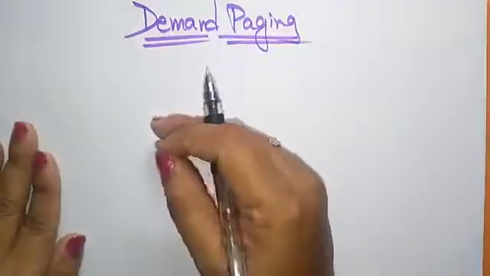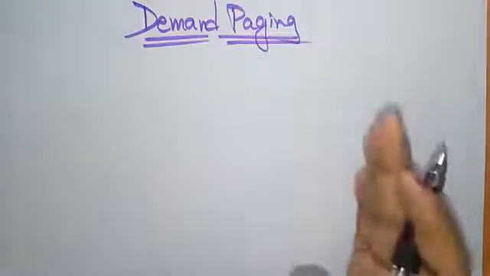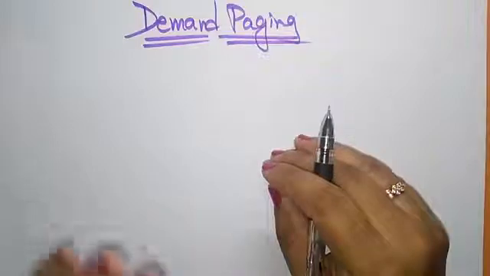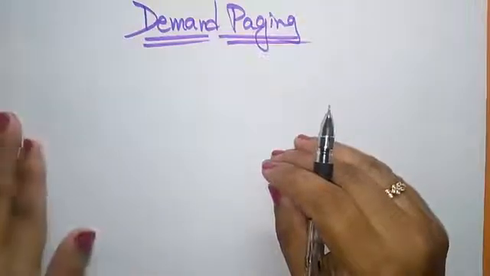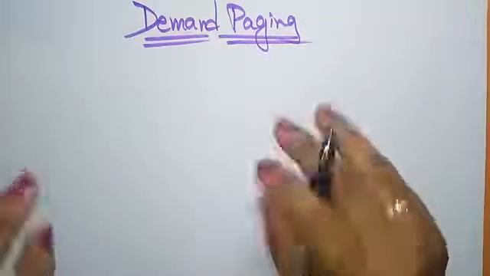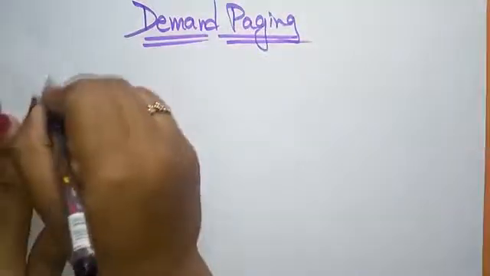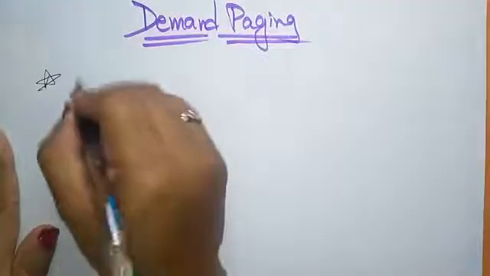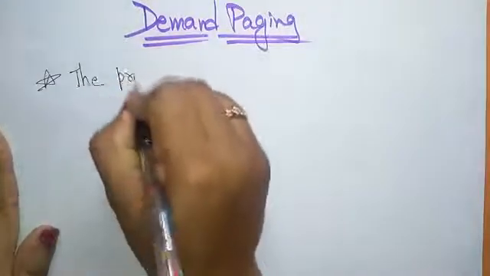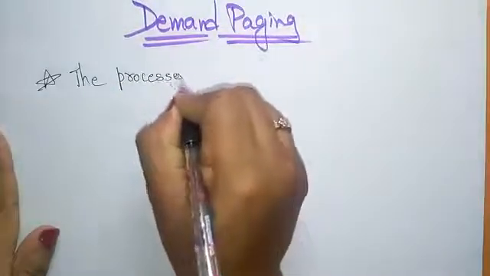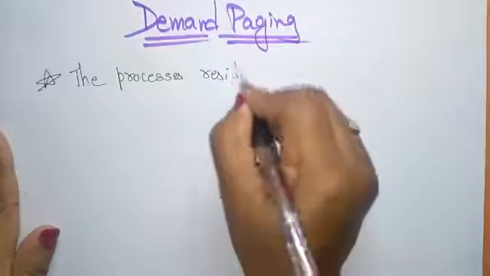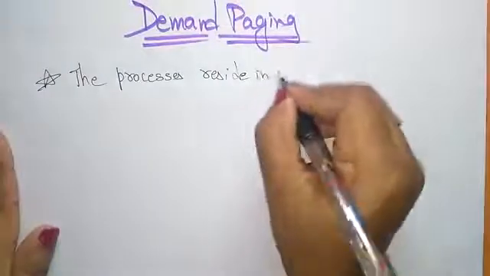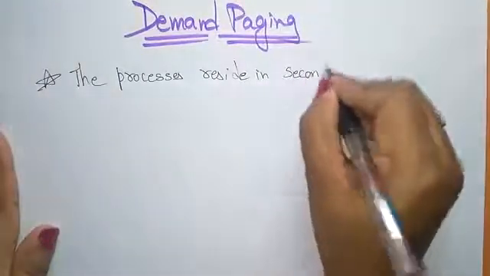Demand paging is quite similar to a paging system with swapping, where the process resides in secondary memory and pages are loaded only on demand, not in advance. Here the process resides in secondary memory.